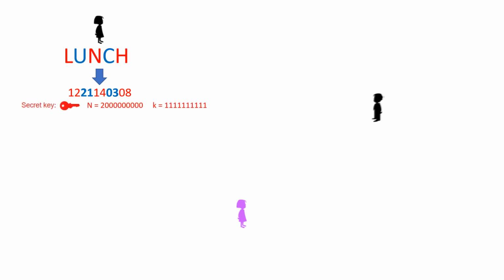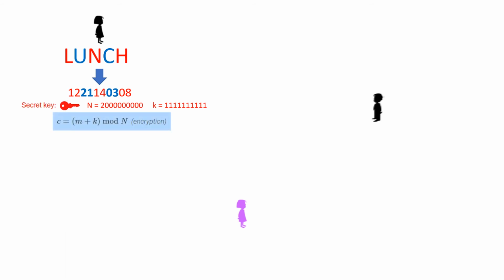And then she would come up with some number that's going to be as big as any of her messages would be. And so she's going to choose this number here. It's a 2 with a lot of zeros after it. Then K, she's going to choose K to be this large number here. It's a number that just has to be smaller than or equal to capital N.